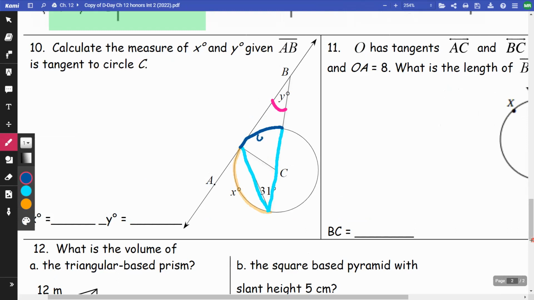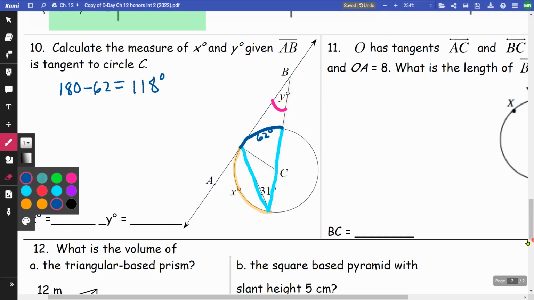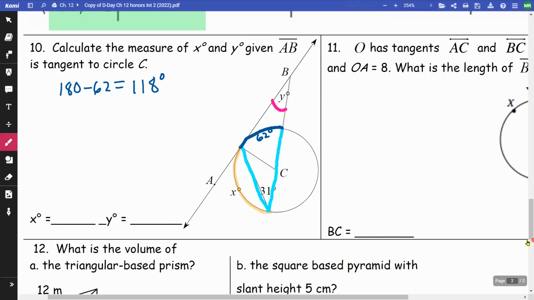So this is going to be 62 degrees for that. Now, if that's 62 degrees, that means that the orange is going to be 180 minus 62 degrees. And 180 minus 62 degrees is going to give me 118 degrees. So the arc measure of my arc there is going to be 118 degrees.